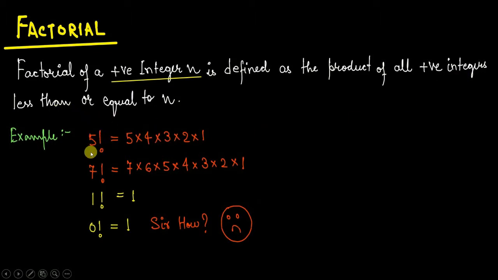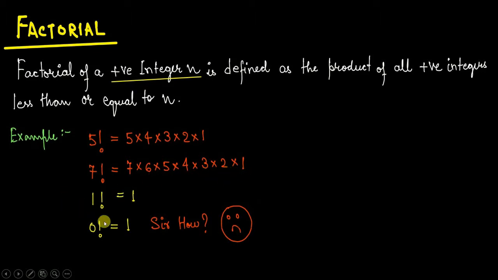Let's see an example. Say, 5 factorial. So 5 factorial means 5 into 4 into 3 into 2 into 1. So keep on subtracting 1 unit. Okay, so for finding 7 factorial, keep on subtracting 1 unit: 7 into 6 into 5 into 4 into 3 into 2 into 1.